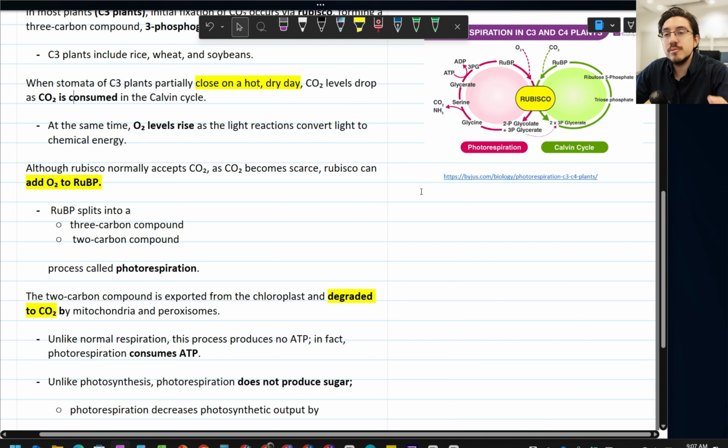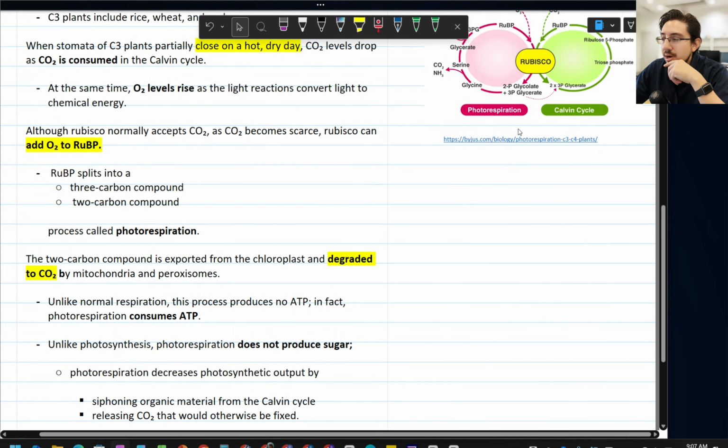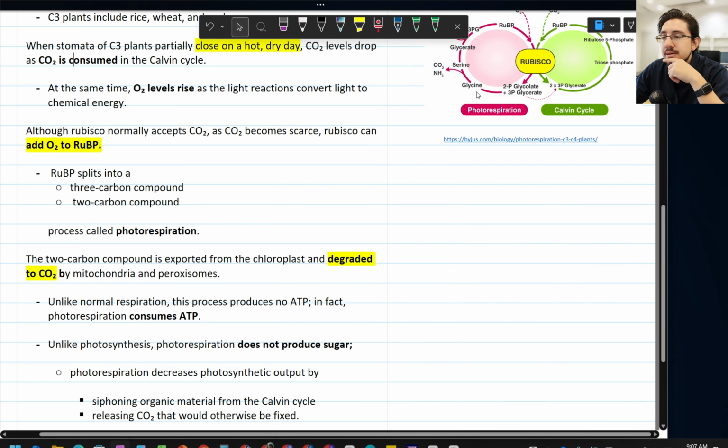You see here on the left side in red, oxygen and RuBP, ribulose bisphosphate, come in and are catalyzed by Rubisco, creating a 2-carbon compound and a 3-carbon compound, the 2-carbon one called glycolate.